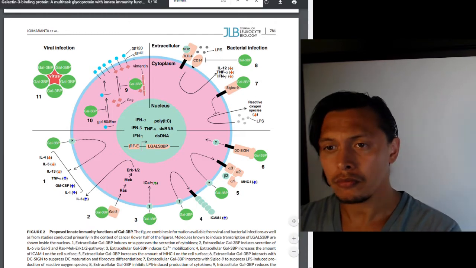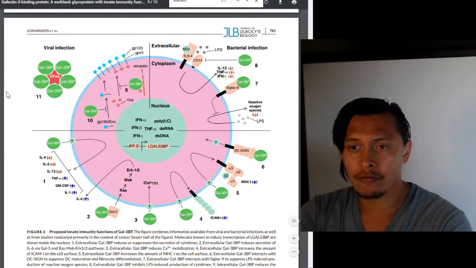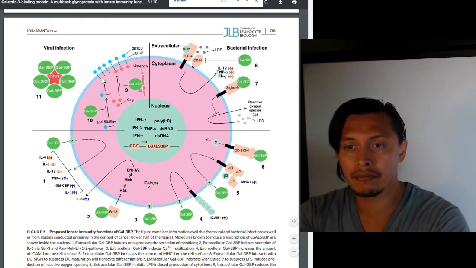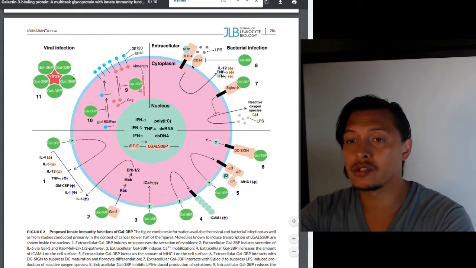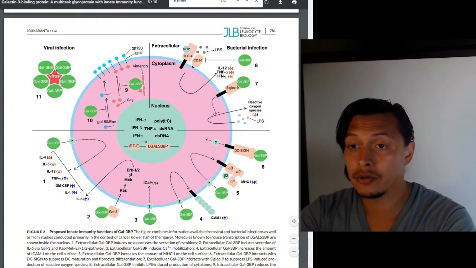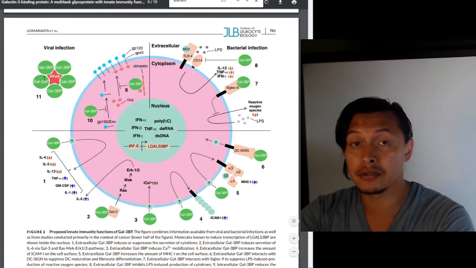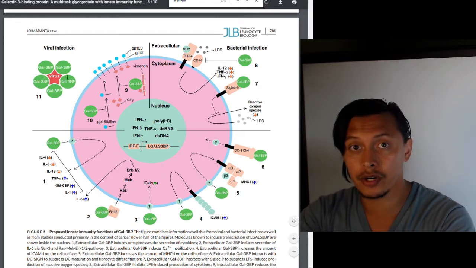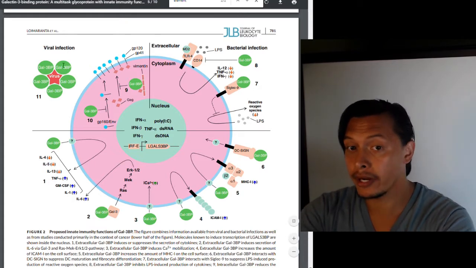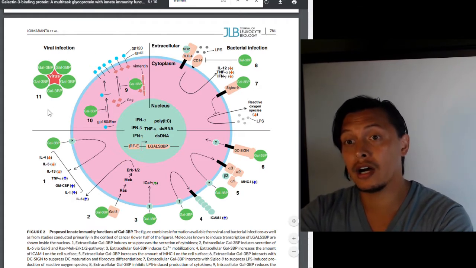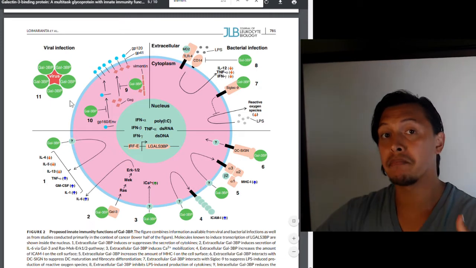Regardless, for instance, in viral infections, we can have the Galectin-3 binding proteins interact with the virus itself, possibly. That's one thing they can do. And keep in mind, this might be able to cause clustering, because Galectin-3 binding proteins can also interact with Galectin-3s, and Galectin-3s help participate in clumping things together.